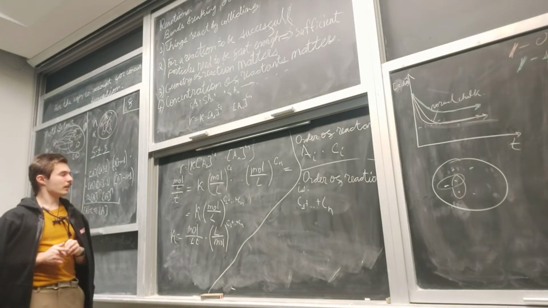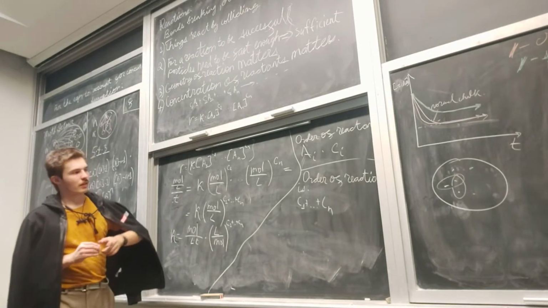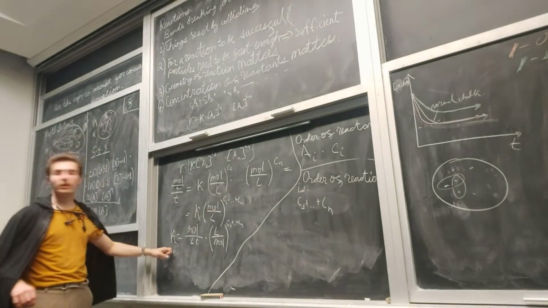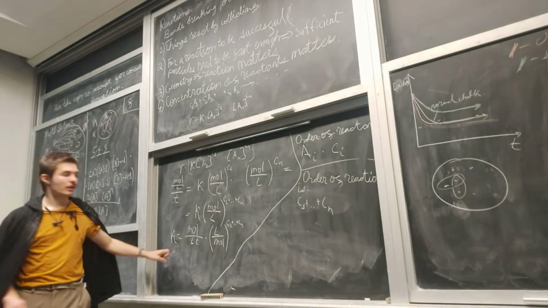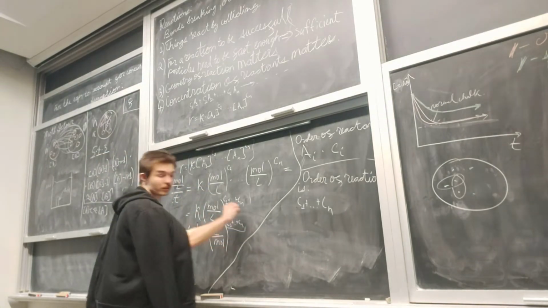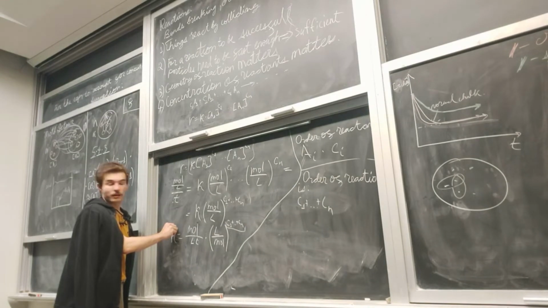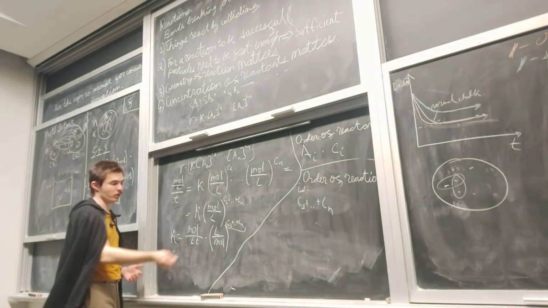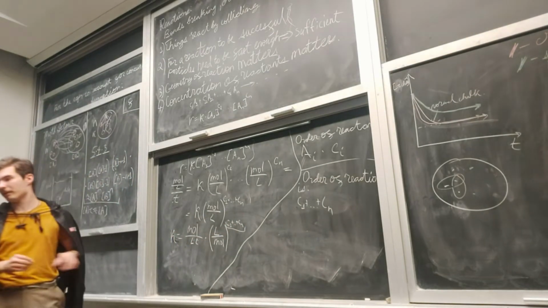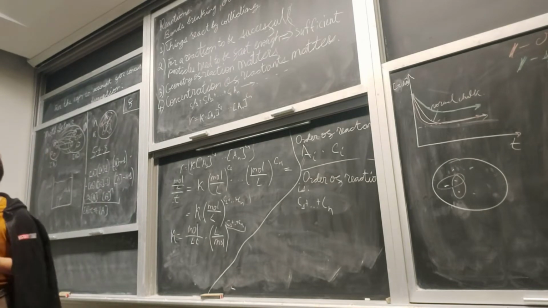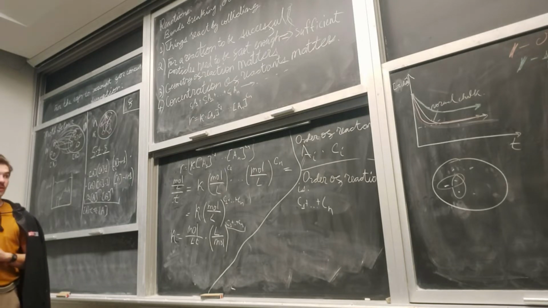Now we know that the order of reaction completely determines what the units for K are. Once we know the order of the reaction, we can figure out the units for K, because that's the only thing here we don't know. Order of reaction itself does not have units.